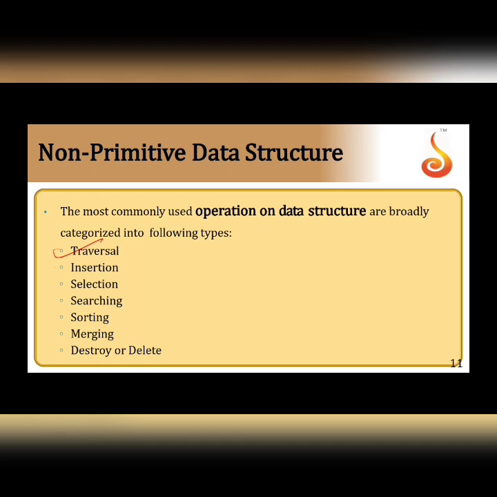Insertion, inserting an element. Selection, selecting an element based on a condition. You can select or just pick an element from a list. Searching, sorting, merging. Merging means I have two arrays, I can merge those two together. Destroy or delete. When I do linked list, I'll create a node, and when I delete a node, I free that memory to the heap so that it can be reused.